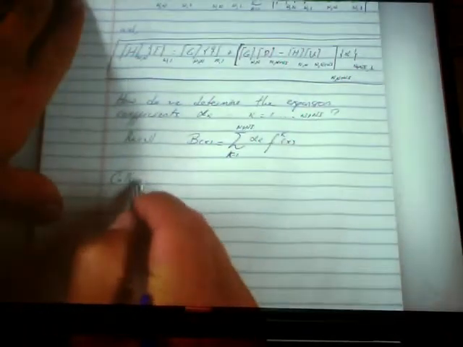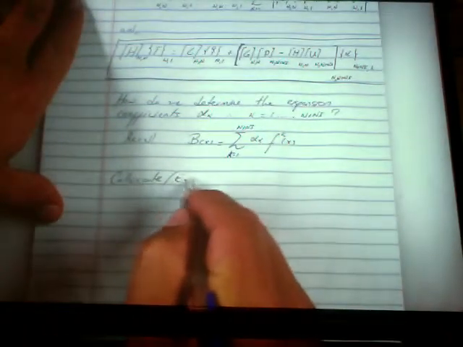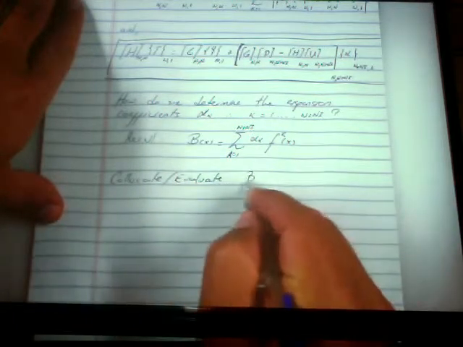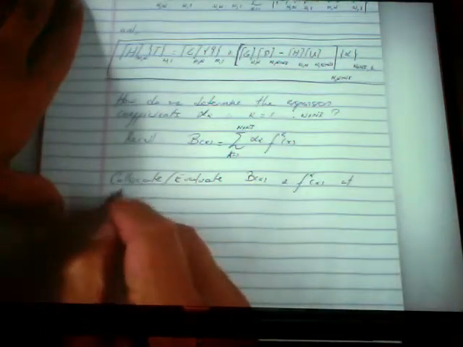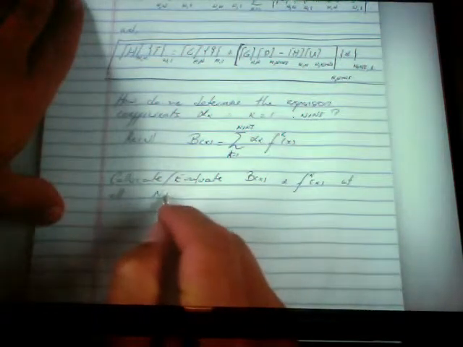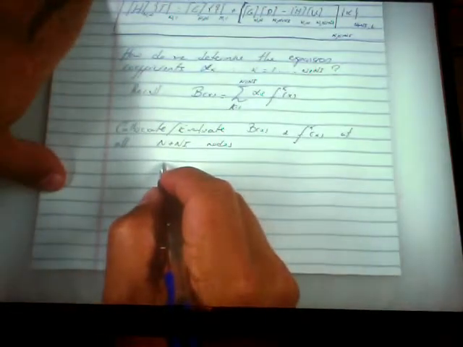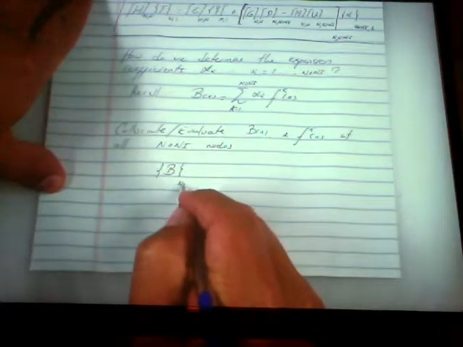Okay, so what we do is just basically collocate, evaluate b of x and fk of x at all n plus ni nodes. Right? Leading to the following. Leading to a vector b, which contains n plus ni, comma 1 evaluations.